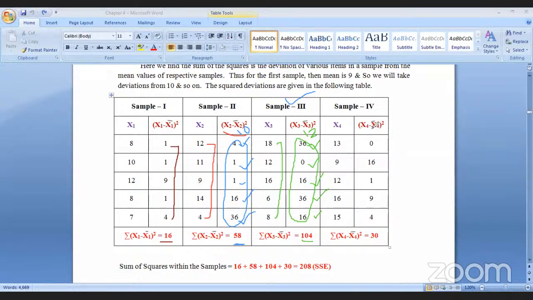Again the same. X bar 4, how much? 13. Okay, x bar 4 is 13.